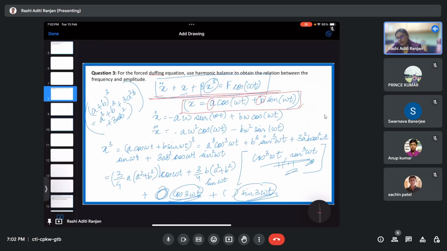We have to find the relation between the frequency and amplitude, and we have found the relation between the frequency and amplitude both with damping and without damping. What we have done is we have assumed a solution.